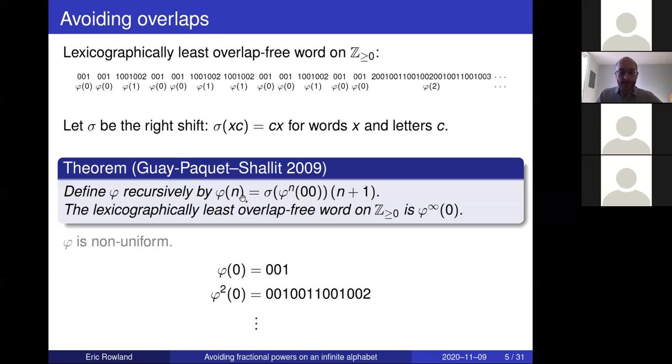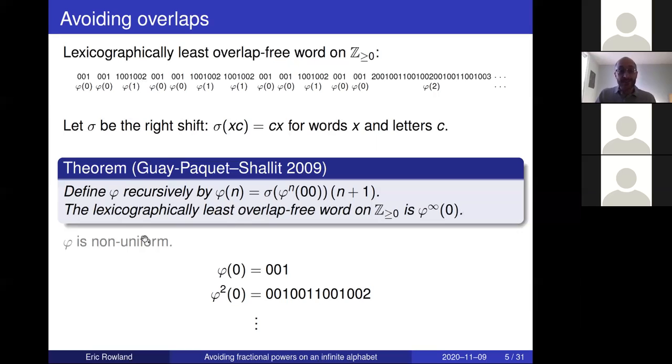Phi of 1 says we're going to apply phi once to the word 0, 0. So we'll get 0, 0, 1, 0, 0, 1. We'll rotate that word once, so we'll take the rightmost 1 and put it on the beginning. So we'll get 1, 0, 0, 1, 0, 0, and then we'll append a 2. And that's exactly what the image of 1 is.